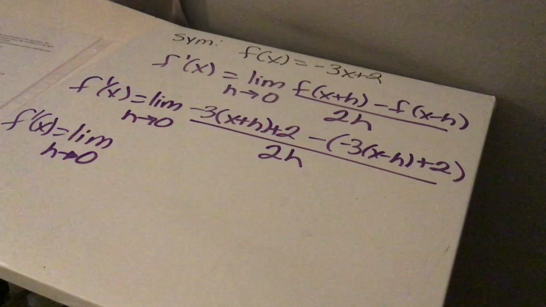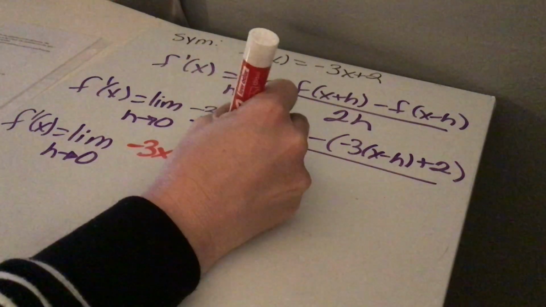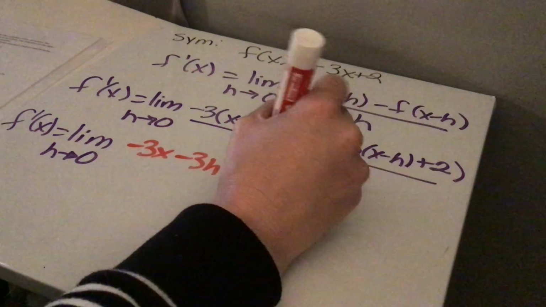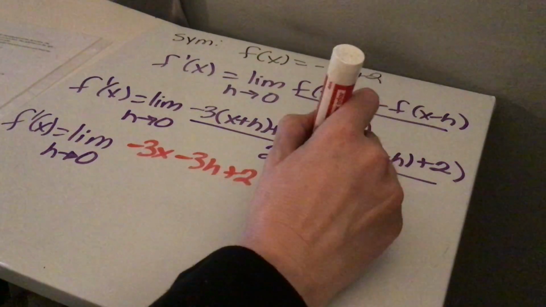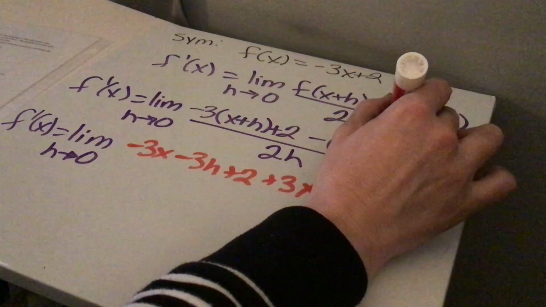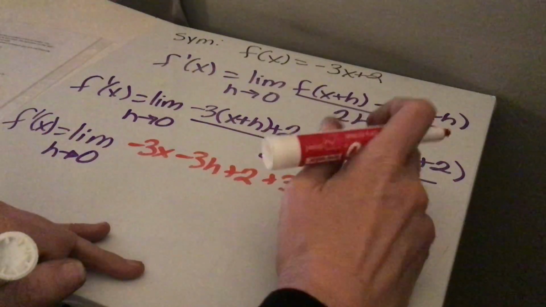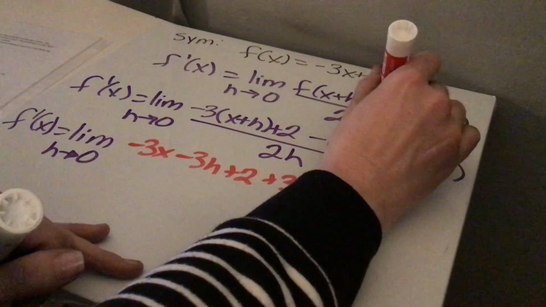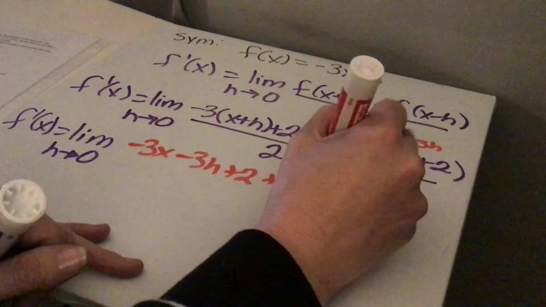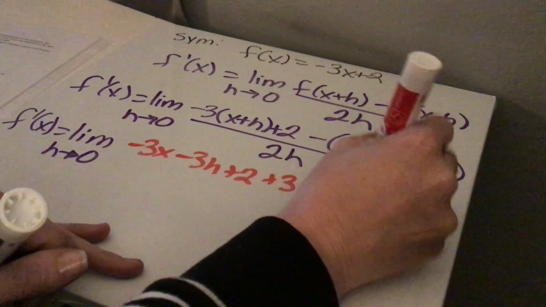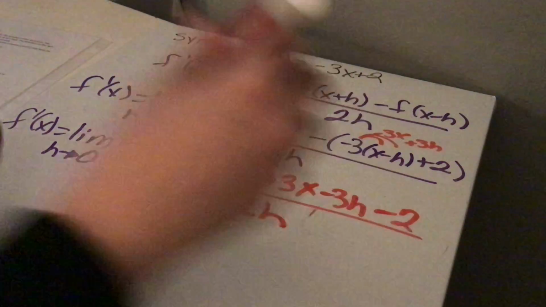So we get negative 3x minus 3h plus 2 plus 3x plus 3h, no, minus 3h, yeah, because this would be a negative 3x plus 3h and then the negative. So minus 3h minus 2 all over 2h.